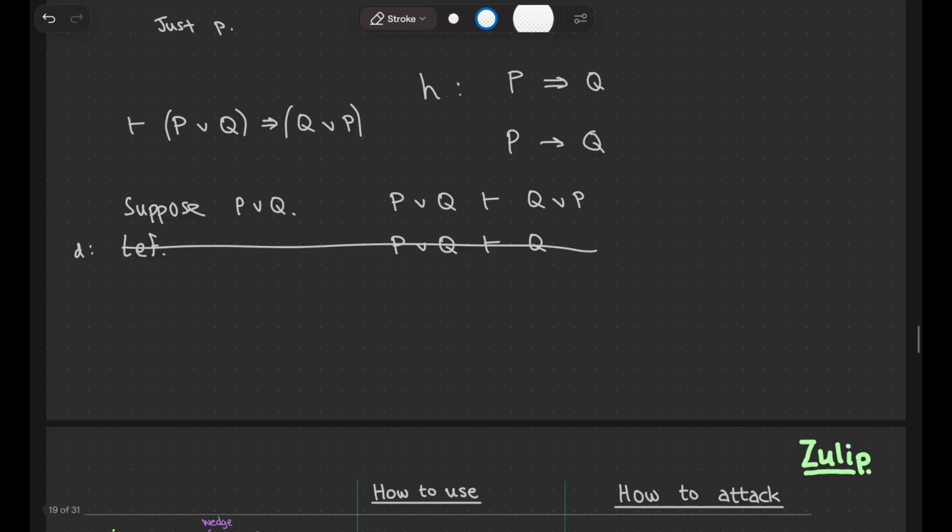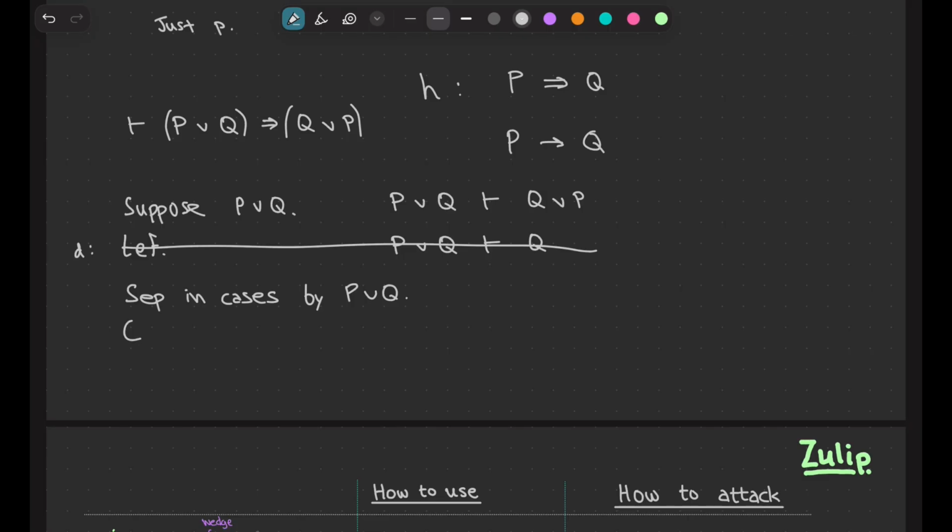So here I will do case, separate by cases. In cases, I have to say which disjunction I am using to separate it in these two cases. By P or Q. So I have two cases to consider, case left and case right.